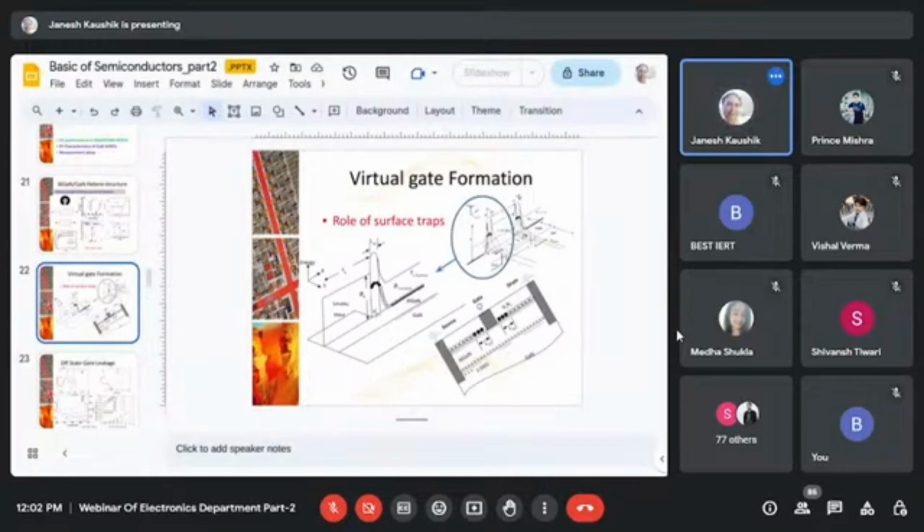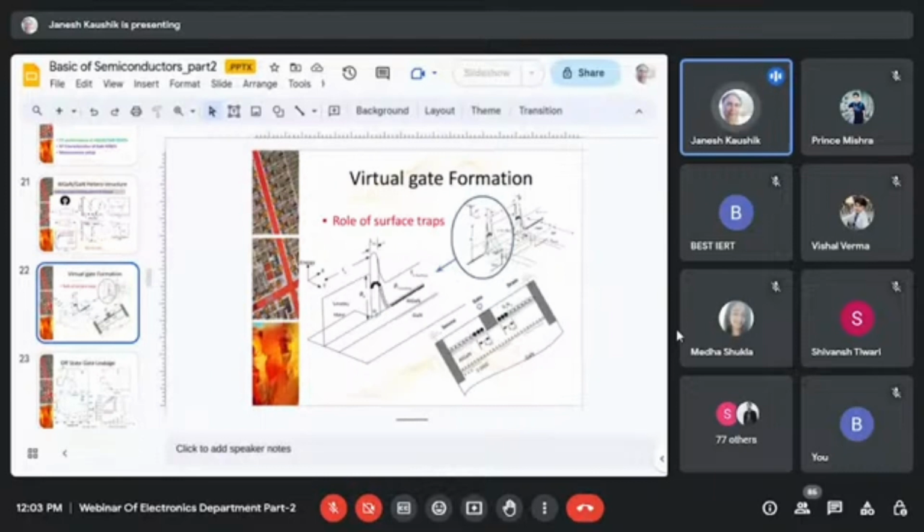So there are some finite traps present in the epitaxy up to the metal. They will give some path to leakage, but an additional path will be given by this edge effect of the metal semiconductor interface.